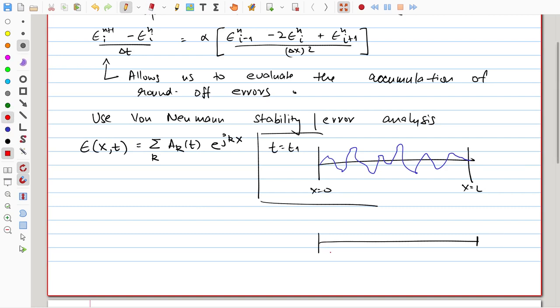There is a wave with a very low wave number k. So k is the wave number here. Okay, and a_k is the amplitude.